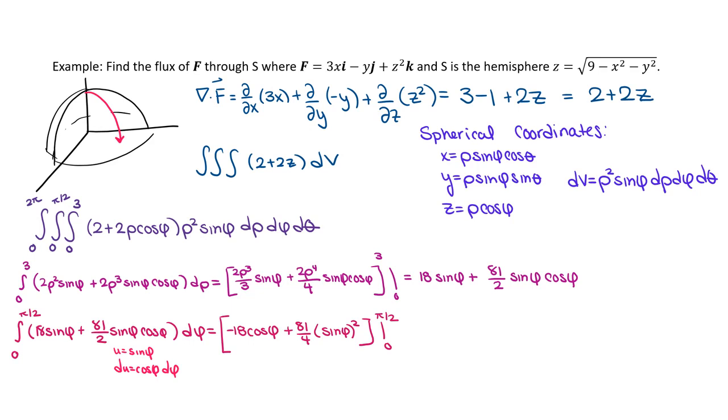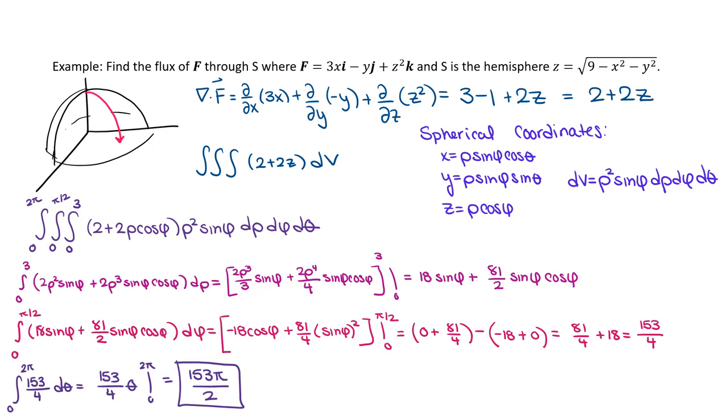So that turned into the 81 over 4 sine phi squared. Plug in those bounds of integration, so I plugged in pi over 2. Plugging in pi over 2 gave me the 0 and then the plus 81 over 4. And then I plugged in 0, negative 18 plus 0, subtracted them, ended up with 153 over 4.